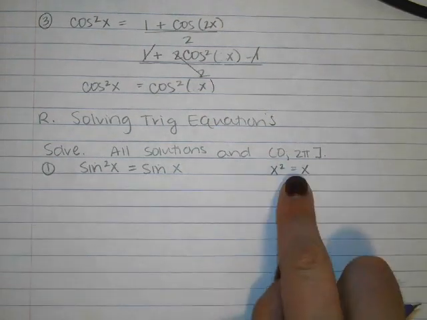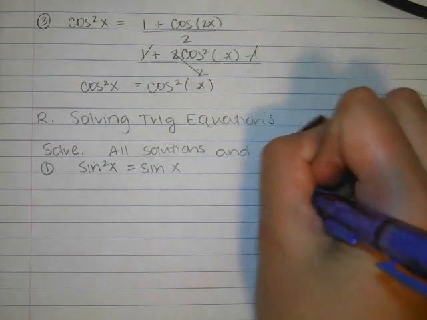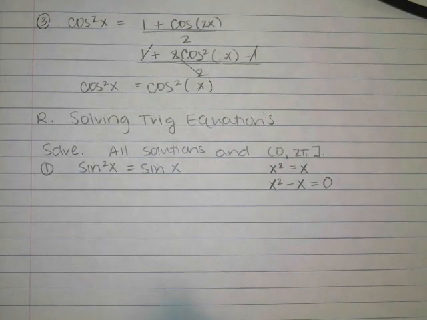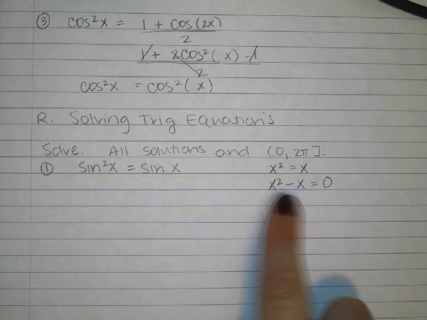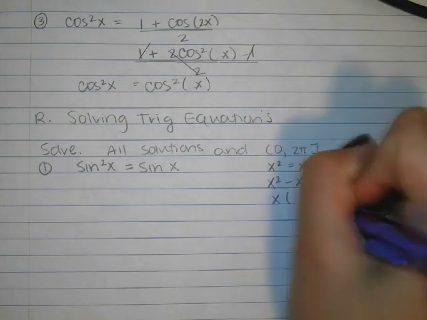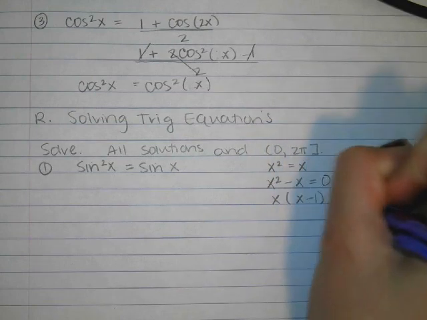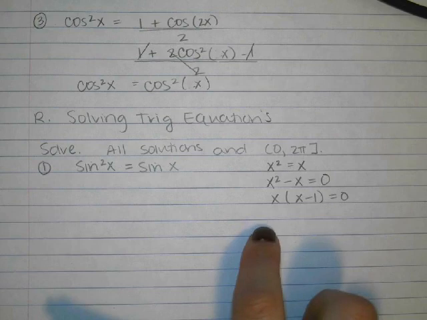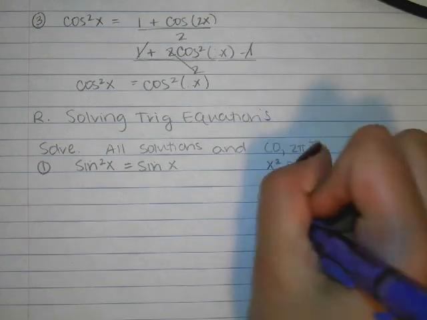So if we were solving this equation, we know that when we have quadratics, we need to set them equal to 0, and we need to factor. And if I was to factor this one, that would be factoring out a GCF of x. And then that would leave me with x minus 1 equals 0. And I would have 2 solutions. This one is x equals 0, this one is x equals 1.